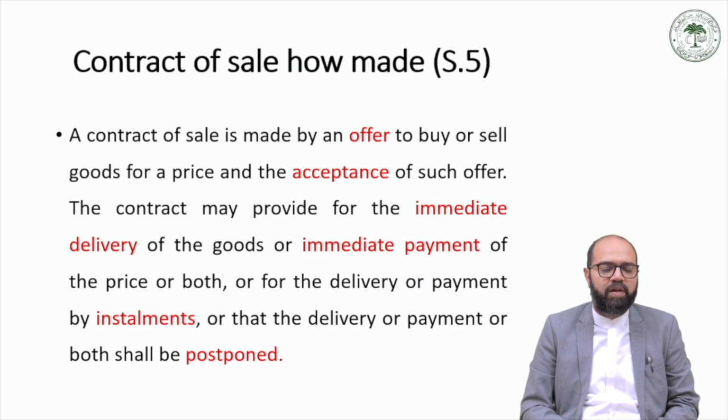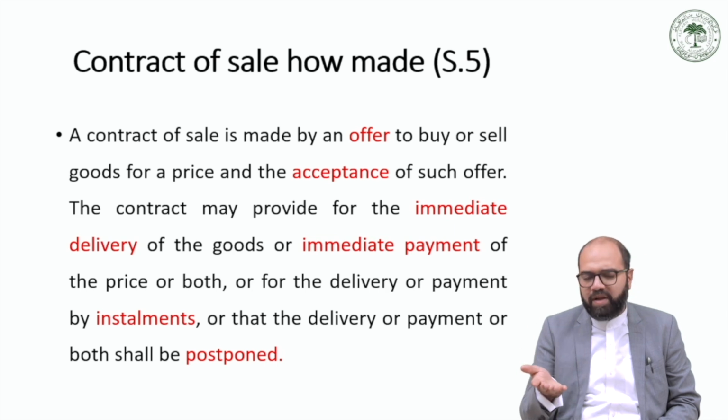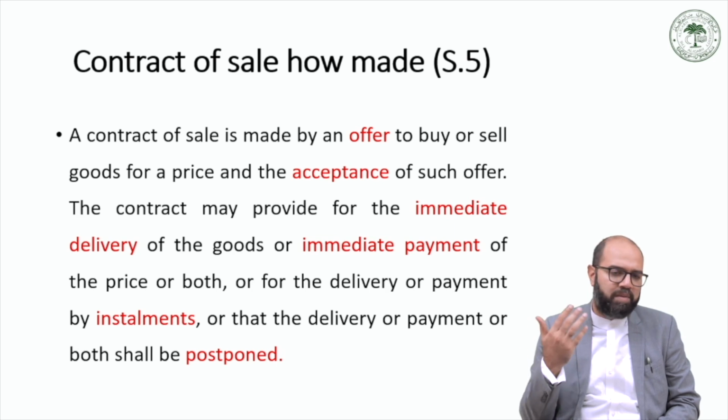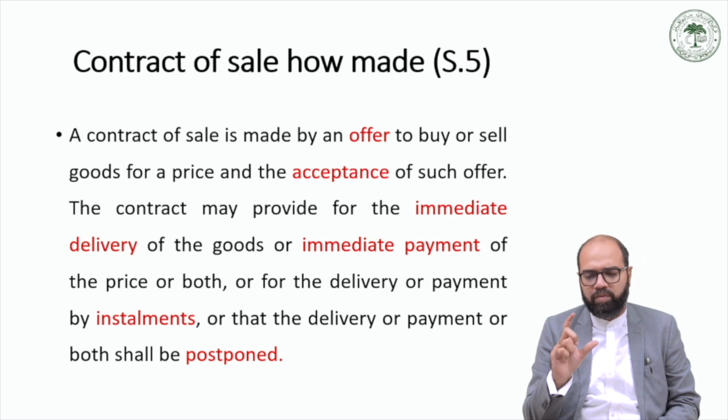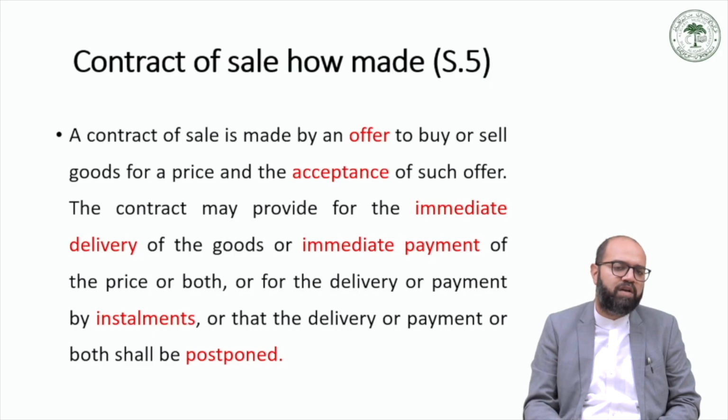So for example, there can be an immediate delivery of the goods along with an immediate payment of the price. If you go to a vegetable vendor and buy vegetables, you immediately make the payment and you immediately get the goods. So both the parties are performing their obligations under the contract very simultaneously in close proximity.